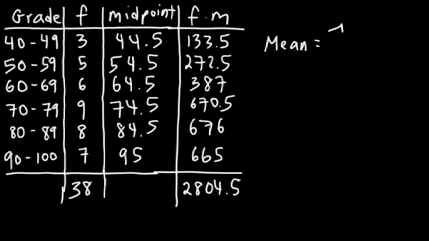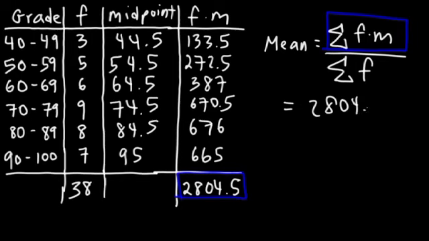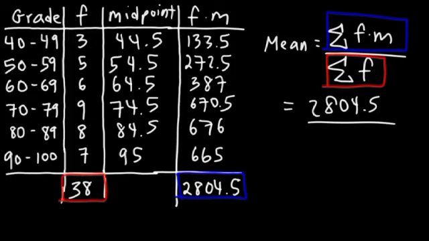The mean is going to be the sum of the FM values divided by the sum of the frequency values. So all of this correlates to this number. So that's 2,804.5, and then divided by the sum of the frequency values, which we have here, and that's 38.